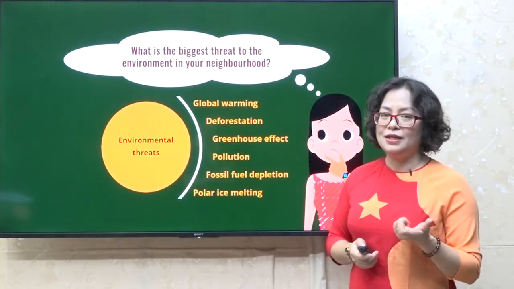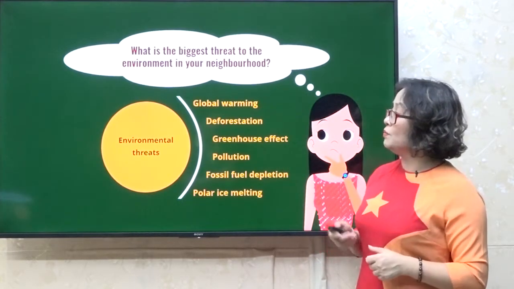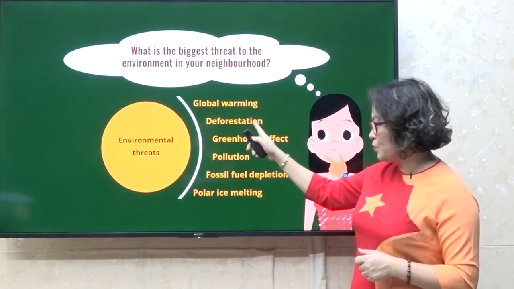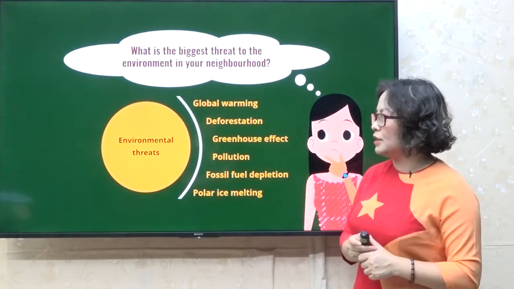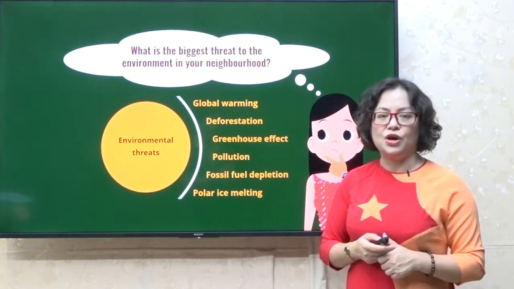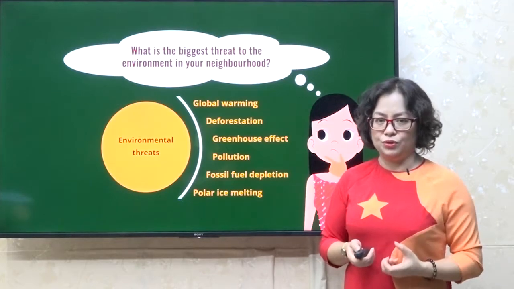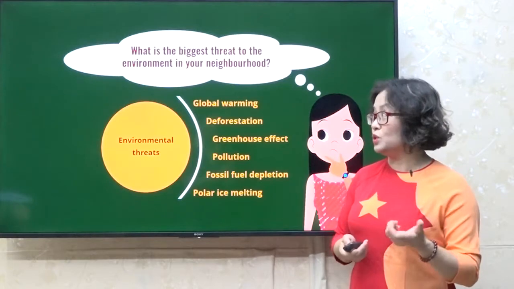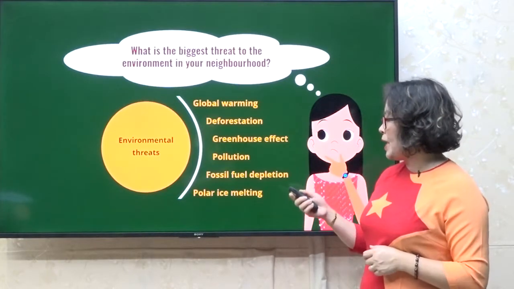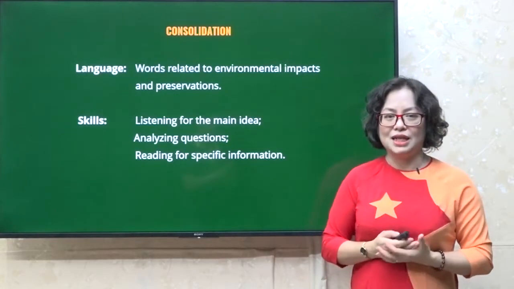And here is the question for your homework. At home, you try to find out 1 in 6 threats about the environment in your neighborhood, and try to speak on your own and explain with your reason why you say that it is the biggest. And what have you learned today?